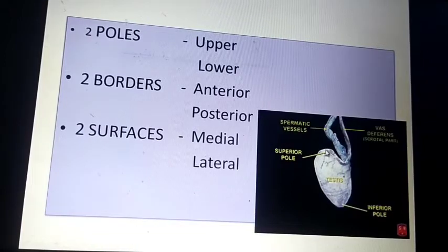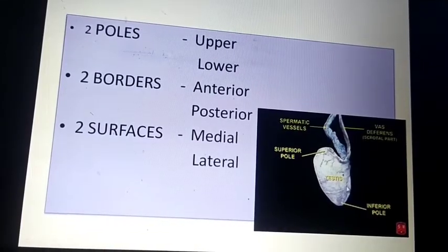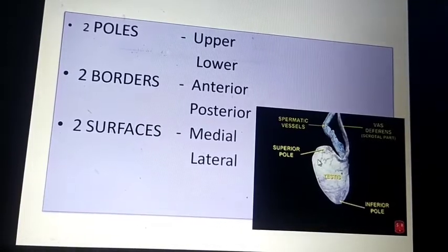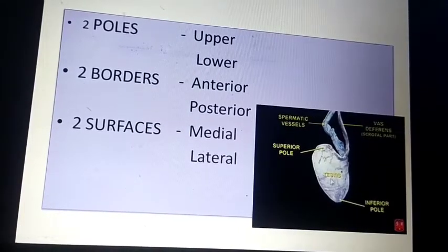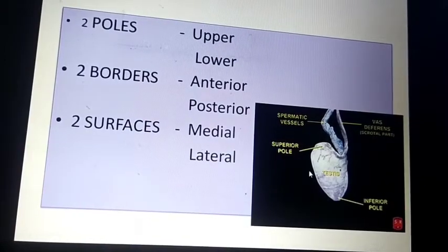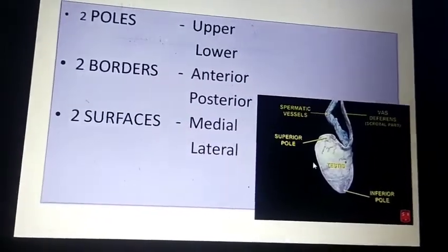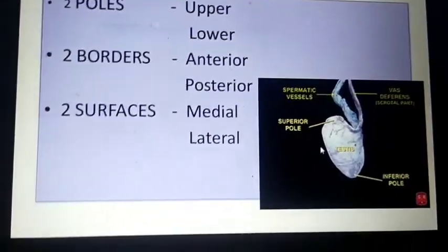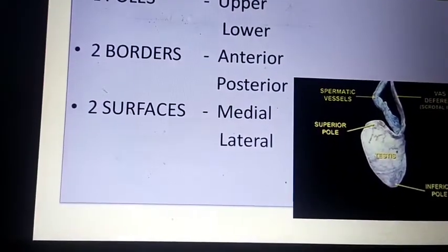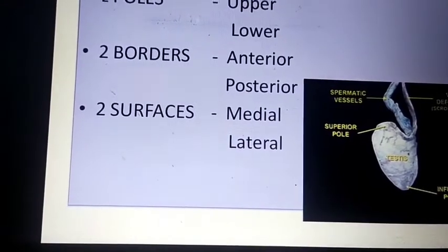To the posterior border there is an attachment of what? The epididymis is there. And towards the median raphe there is a medial surface, and the other one is the lateral surface. It is very easy to identify the medial and lateral surfaces by the sinus of the epididymis.